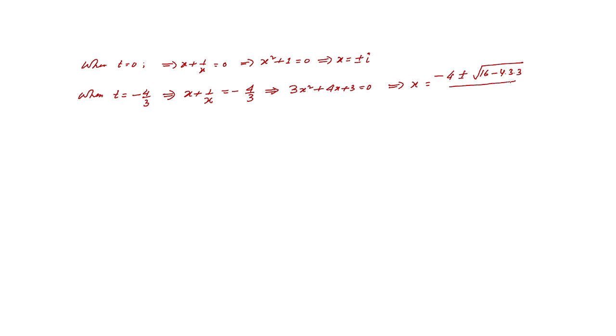And that implies x = (-b ± sqrt(b^2 - 4ac))/2a.